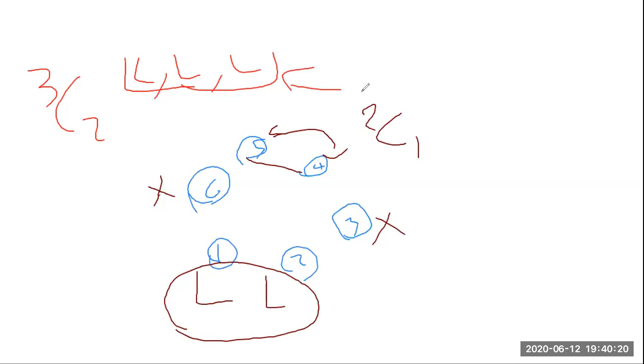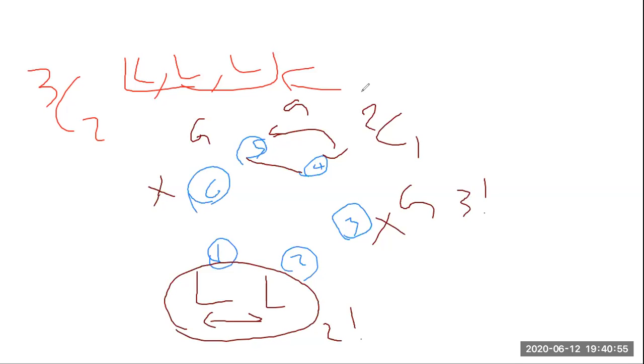Now the 2 selected ladies can be permuted in 2 factorial ways, and the 3 gentlemen can be permuted in 3 factorial ways.